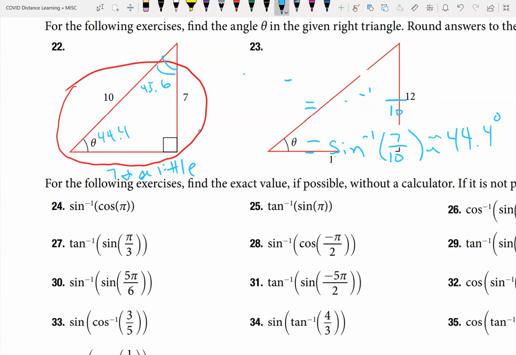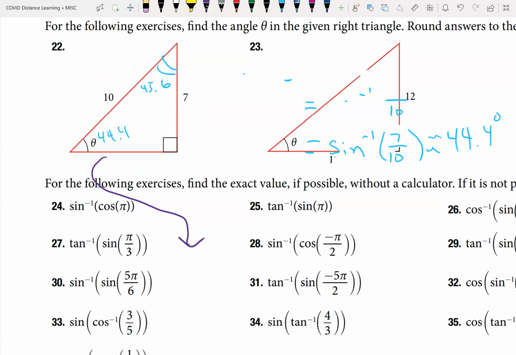Give me a radical expression for this side over here. That would be the square root of 10 squared minus 7 squared. Good job.